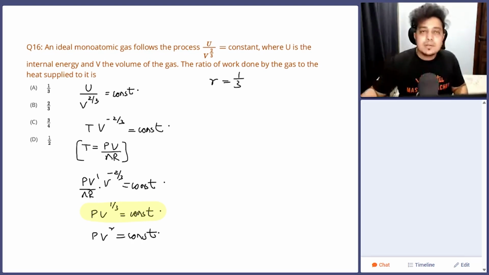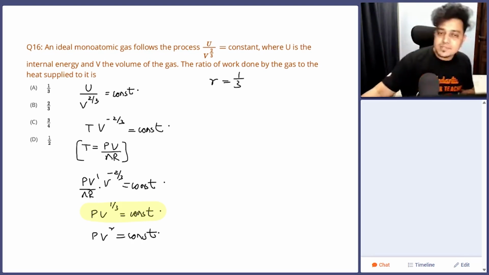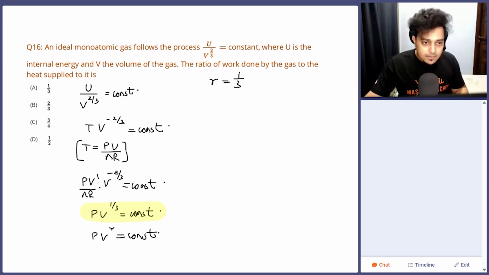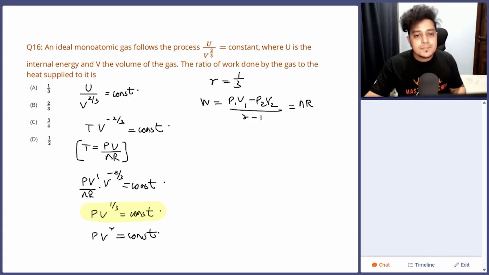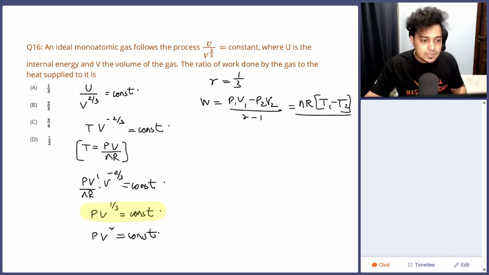So from this we can calculate work done. We can calculate molar specific capacity. Work done in this case will be equal to P1V1 minus P2V2 upon r minus 1, which can be written as nR(T1 minus T2), and the r value is 1 by 3 minus 1.